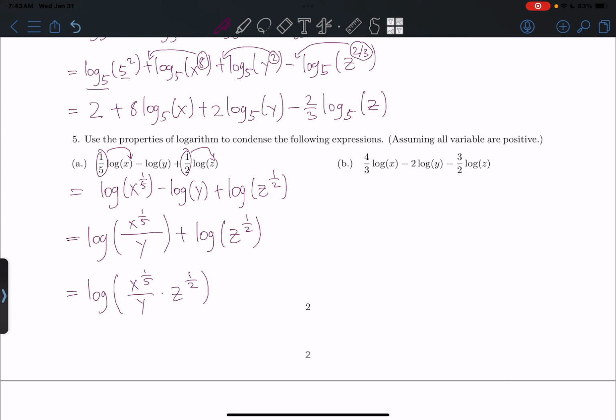Okay, but of course, for multiplication, you can just multiply the numerators together. And at this step, I will go ahead and write them into radicals. So 1/5 power is equal to the 5th root of x, and then 1/2 power is the square root of d, all over y. That's the final answer here.